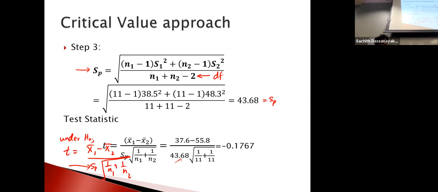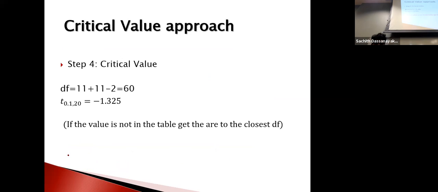So now what? The next step is to find the critical value. How do we find that? Based on our alpha. This is a one tail test, a left tail test, which means it's going to be like this.